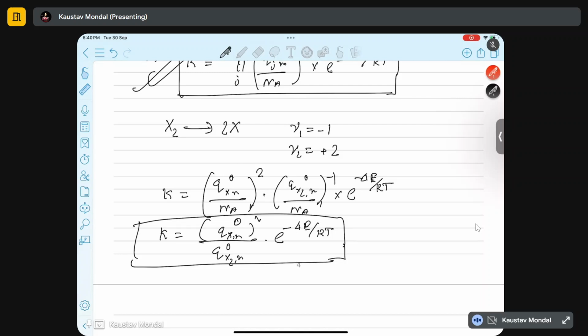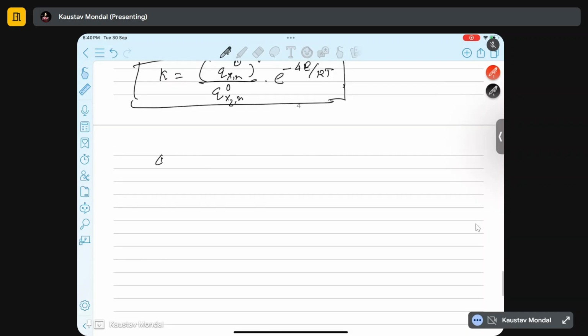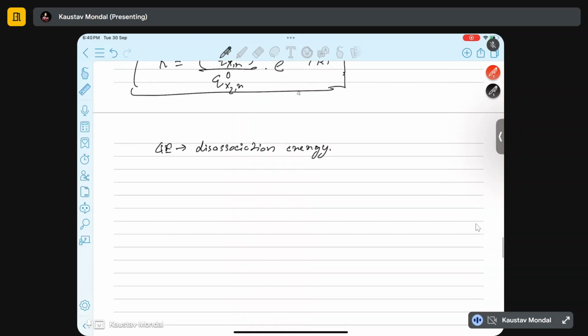So for that ripping purpose, we need this dissociation energy. So delta E is basically the dissociation energy that experimentally can also be measured, right? So this you can write as D naught, dissociation energy D naught.